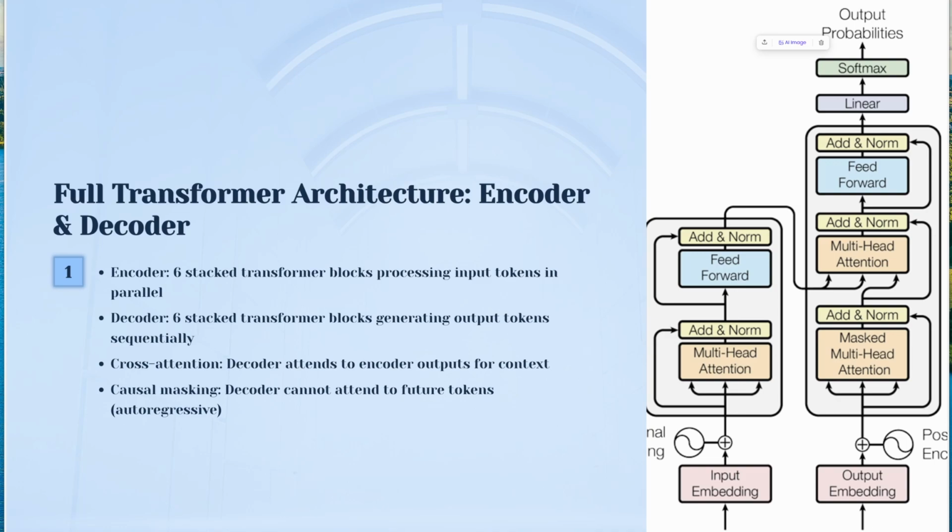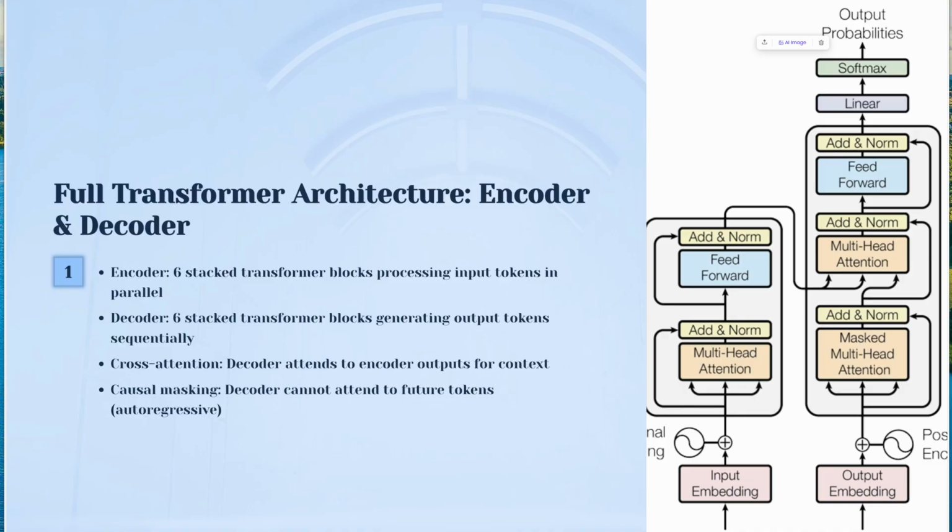So basically, let's talk a little bit about causal masking and cross attention. Those are the two new things in the decoder. To make a sequential generation process possible, the decoder uses what we call causal masking. This ensures that a token in the decoder cannot attend to future tokens.